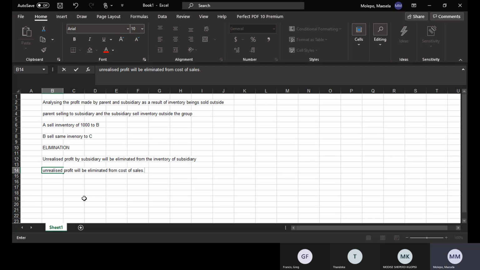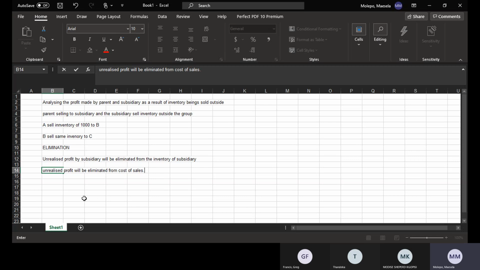But if we have a situation whereby the subsidiary is selling the inventory to the parent, it means the subsidiary is going to make a profit. Since the subsidiary is making a profit, we'll have an impact on the non-controlling interest. So that profit which is realized by the subsidiary is going to be eliminated from the non-controlling interest.